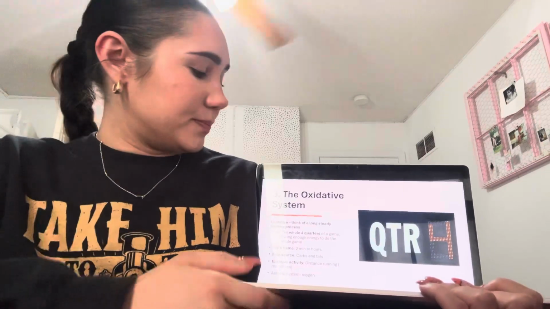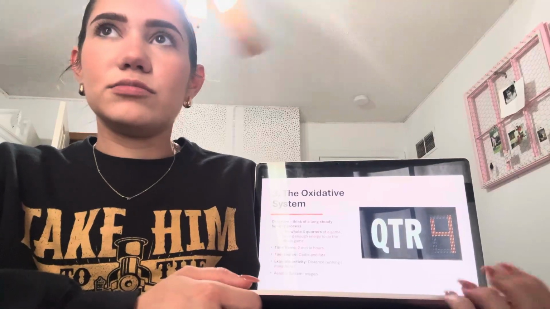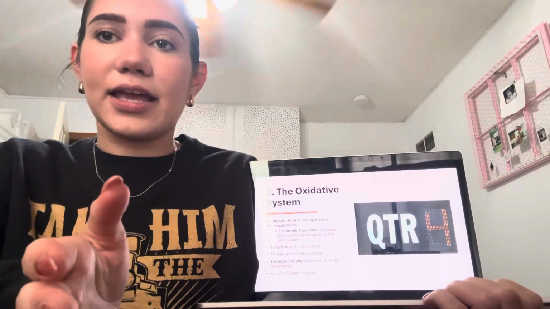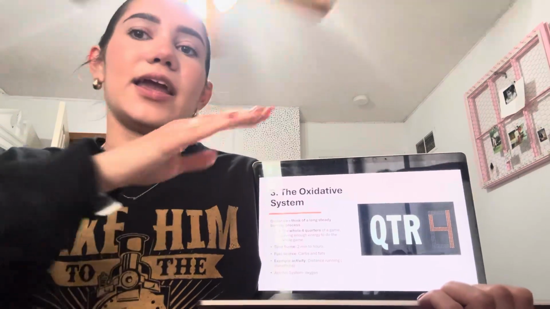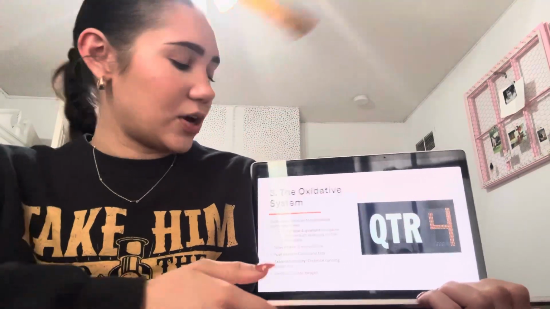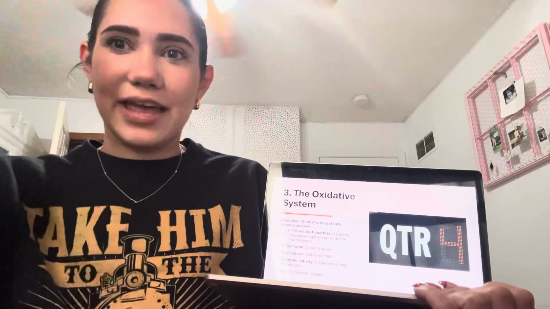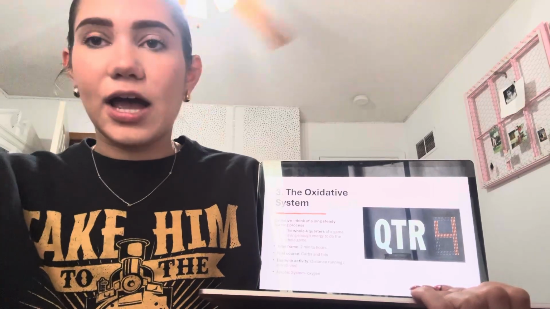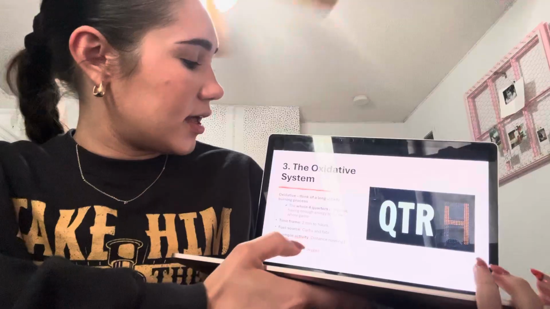I put an example, like running a marathon. You can't just rely on that 10-second first one, or that 10 seconds to 2 minutes. It's going to be hours and hours long. So the time for this is about 2 minutes to hours of energy expenditure.